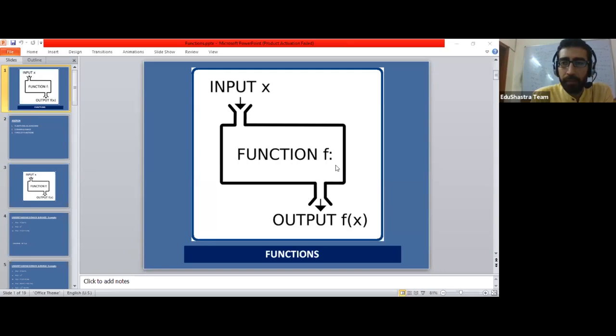Okay, let's begin with functions. And if you remember, we had talked about quadratic function a lot last time.